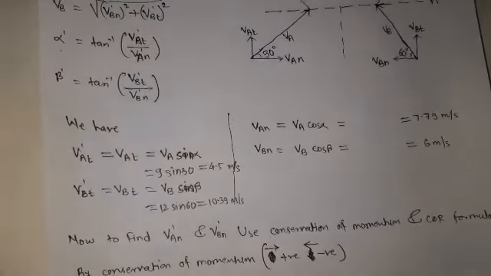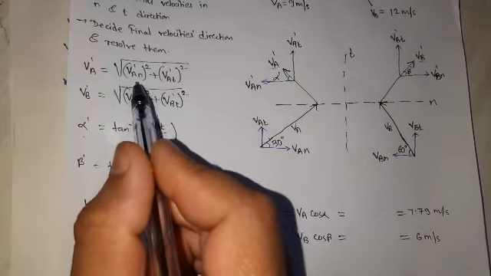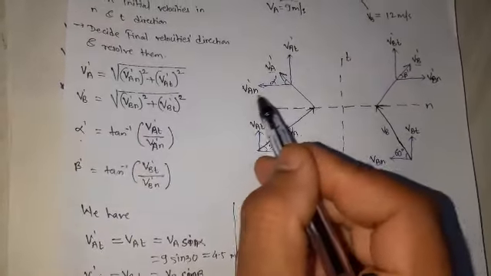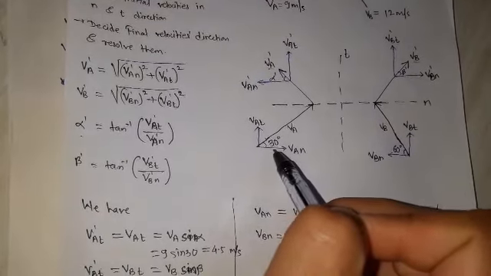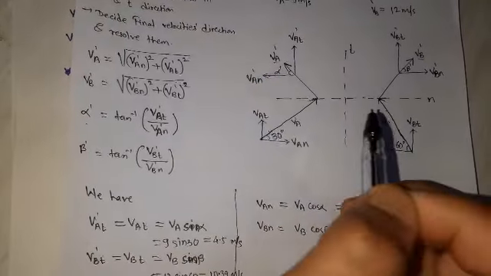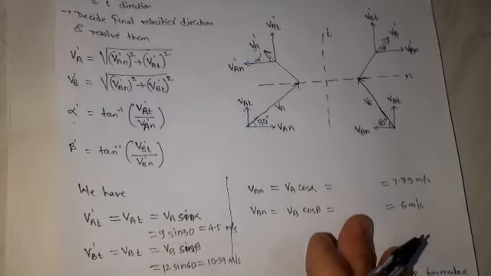Now the task is to find these two unknowns, VAn dash and VBn dash. Initial horizontal velocities are VAn and VBn. The velocities in this horizontal or n direction are going to change.